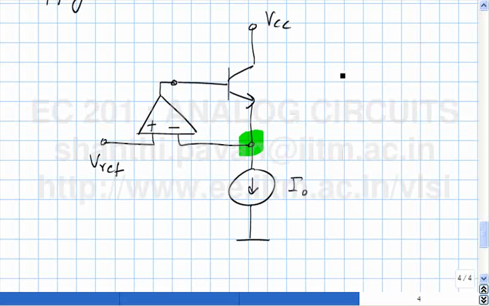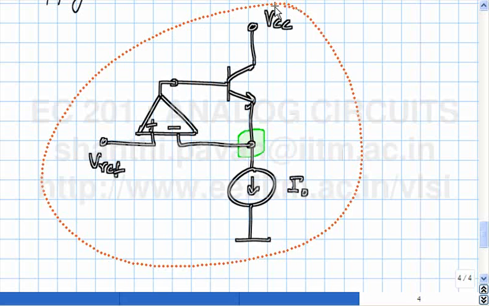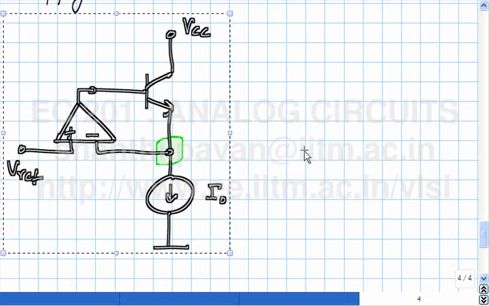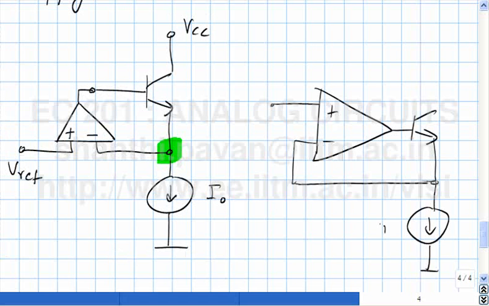And if redrawn the way it is in the textbooks, it will look so. What is this potential? This potential is Vref.